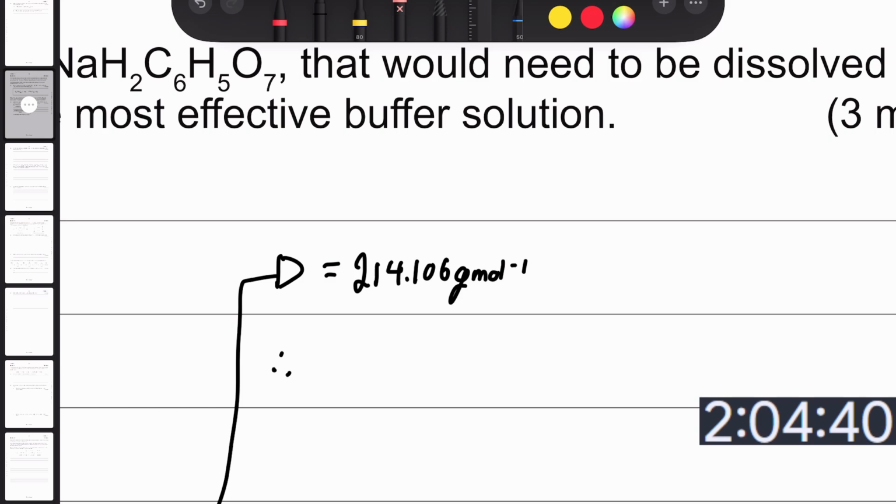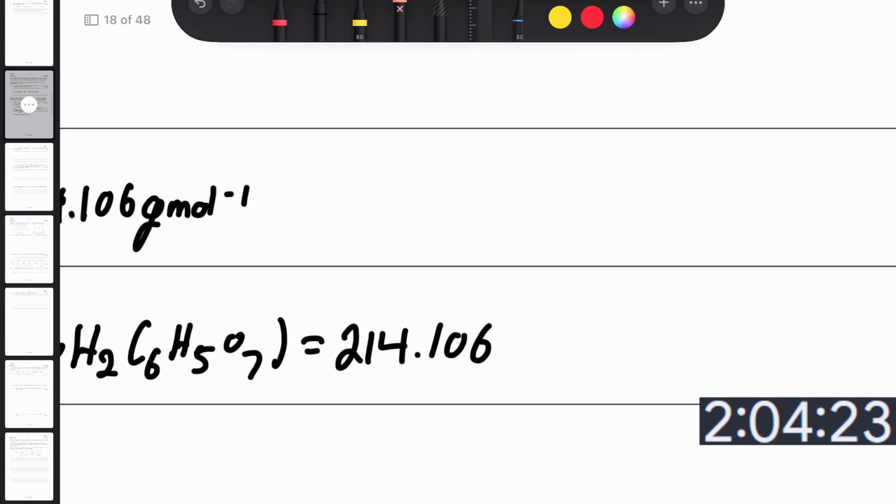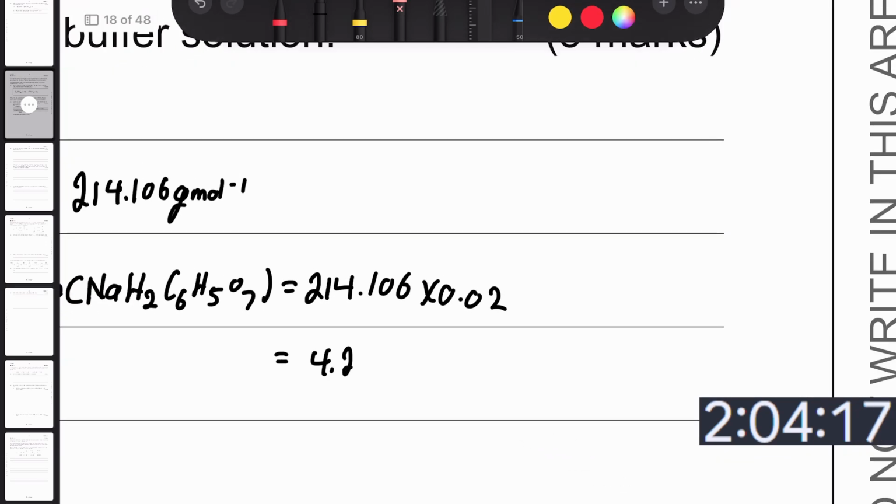Therefore, the mass of the sodium H2C6H5O7 is 214.106 times 0.02, 4.28 grams.